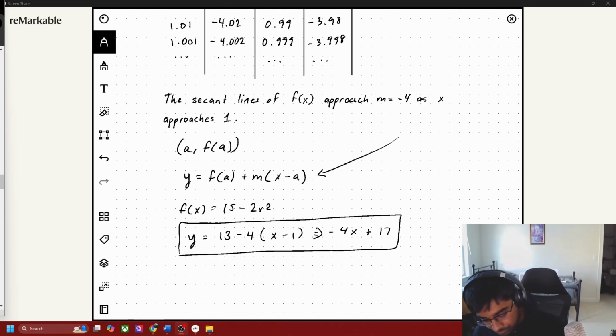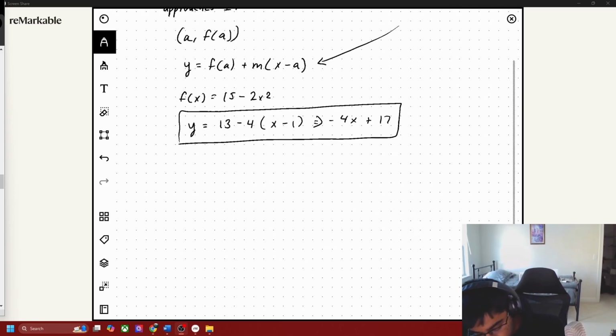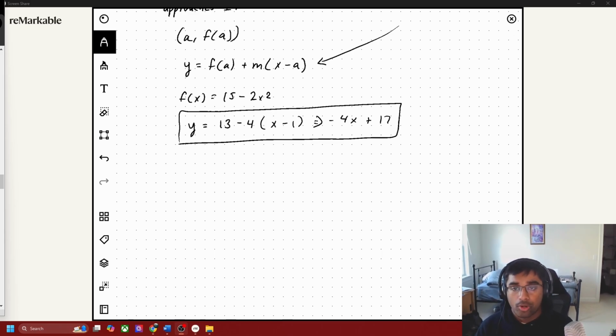And so that's why it's important to use a lot of values that are very close to the number you're actually solving for. So if you're at x equals 1, like I explained before, you don't want to be using x equals 5 for your reference points.